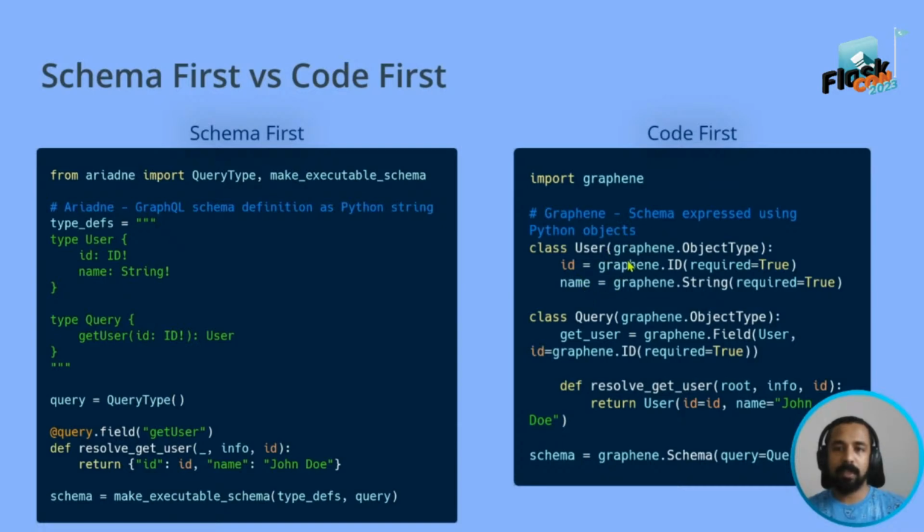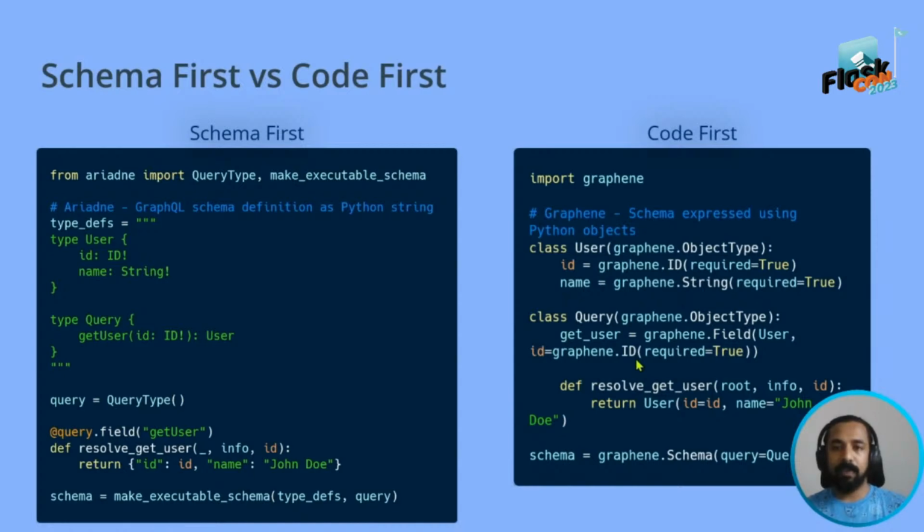This class inherits from the graphene.ObjectType class, which classifies it as a GraphQL object type. Similarly, we have a similar syntax for query, and we define the resolver in a similar way as in Ariadne.